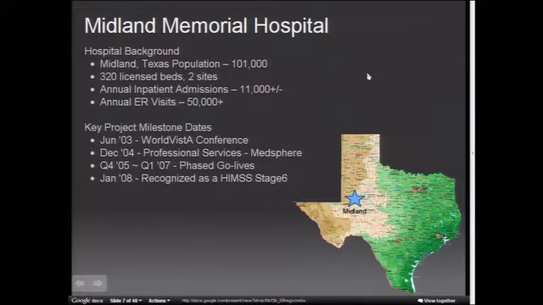We began our journey into the VistA world in 2003 when we were kindly given sunset notices from our major vendor at the time of a couple of our primary systems that we used in the hospital. We had been talking for quite a number of years about electronic health records. About that same time, Bush had created the ONC.